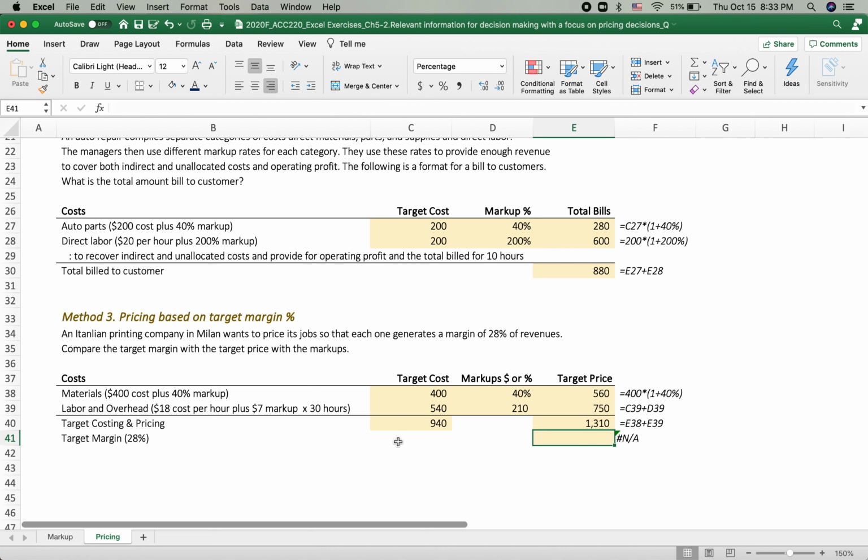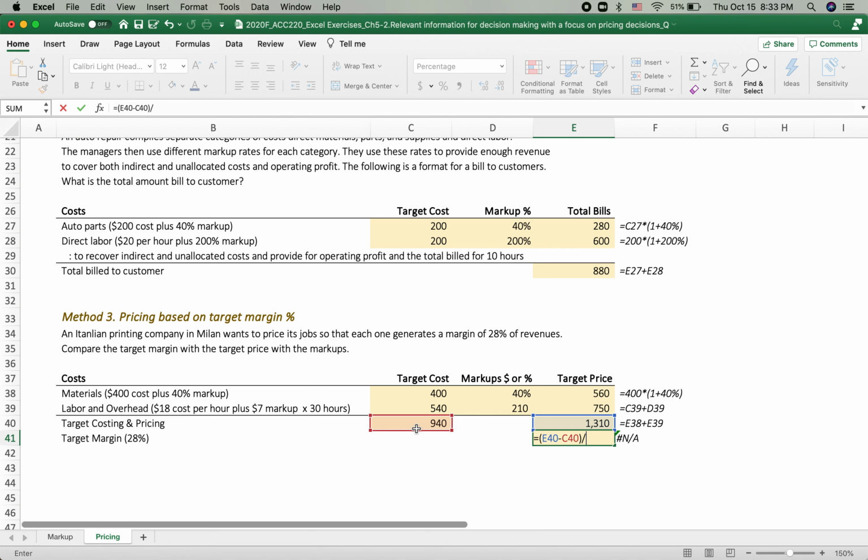Then let's calculate whether the target margin is 28%, using the percentage setup, to see if it is the right estimation. So how do we get it? 1,310 minus this, now we got the margin. Then divided by which one do we need? 940.